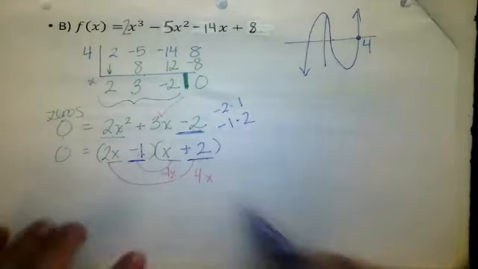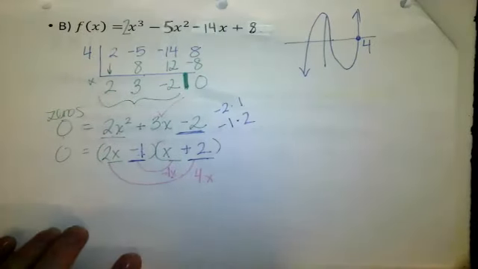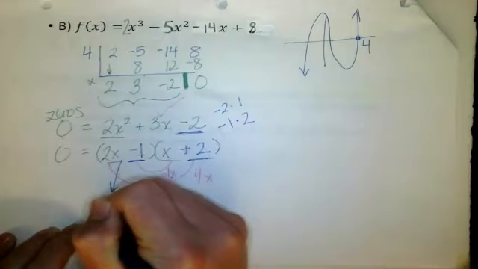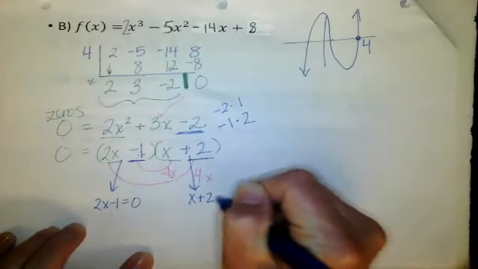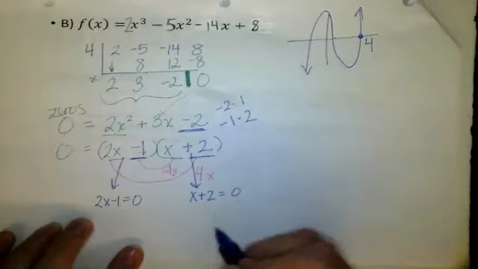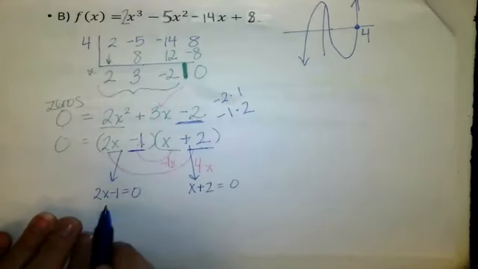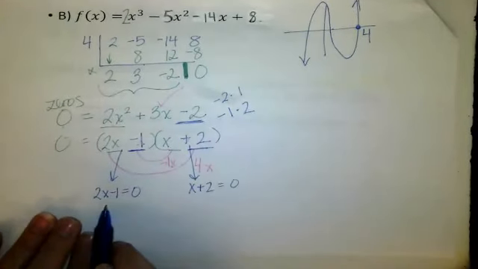Now, how do we solve for x? Set each bubble equal to 0, and you can shortcut this if you want to. For the first one, add 1.